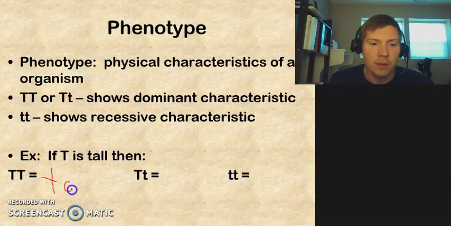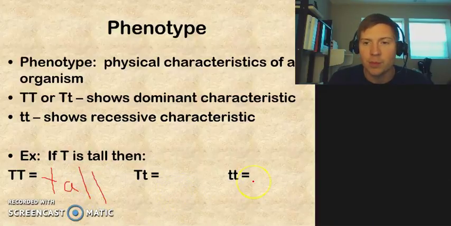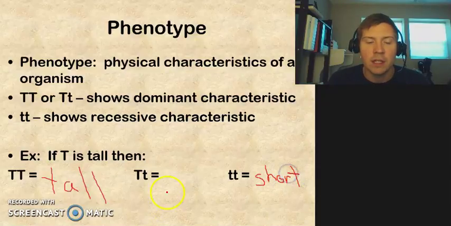Its phenotype would be tall. Jump over here, little t little t, its phenotype would be short. And now big T little t, is that tall or short? That one is tall because it has one copy of the dominant allele.